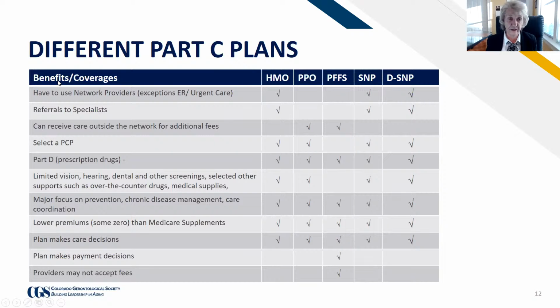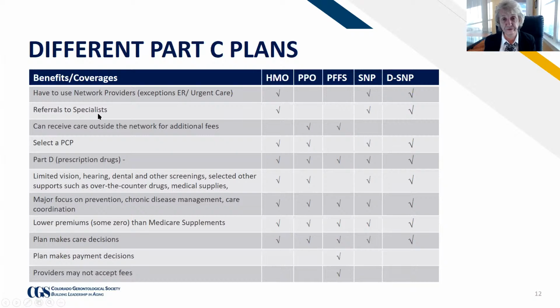Over here on the left, we have the different kinds of benefits and coverage. If there's a check mark in the box, usually what that determines is that the company or the plan offers those kinds of services. So, for example, in an HMO, in a SNP, or in a DSNP, you basically have to use the provider networks that they have available.